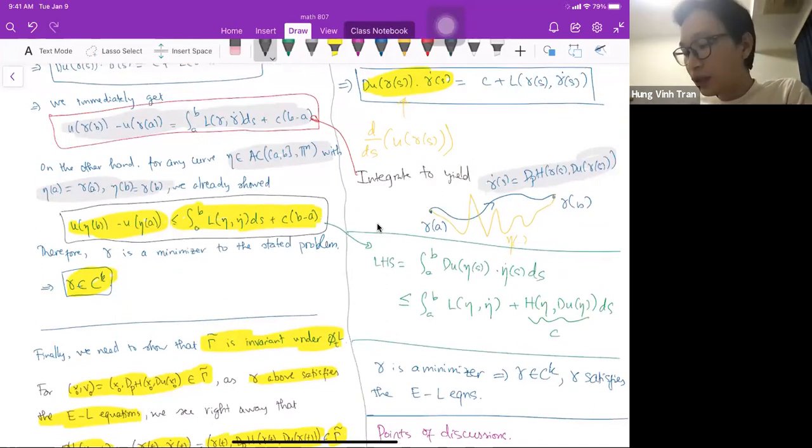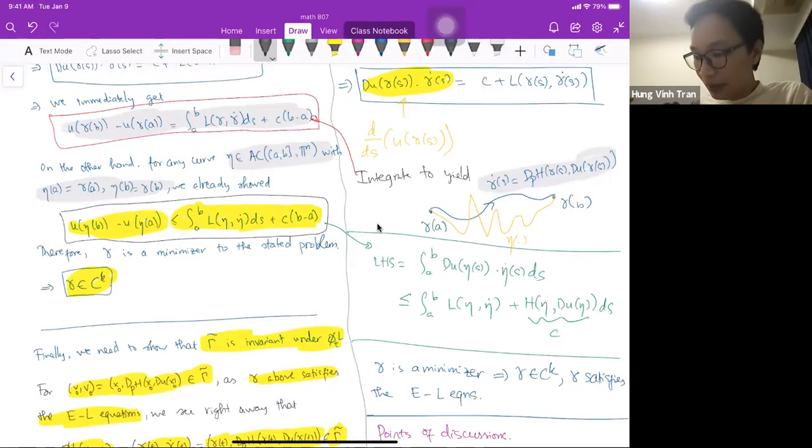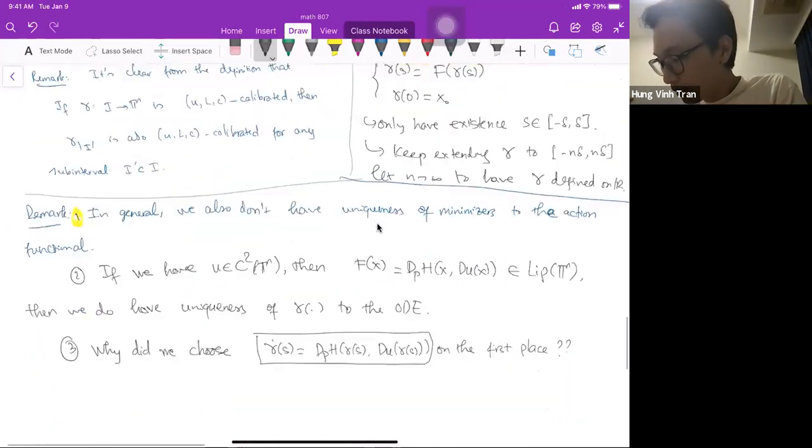Satisfying the Hamiltonian ODE is equivalent to being an extremal curve for the Lagrangian flow, which allows us to say that exactly the equality happens.